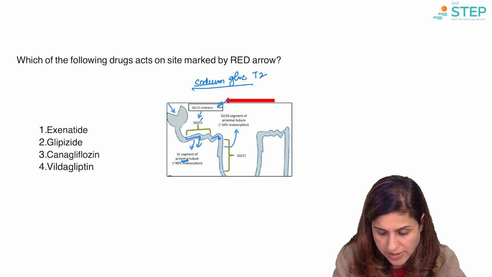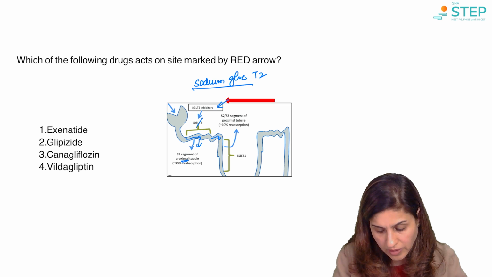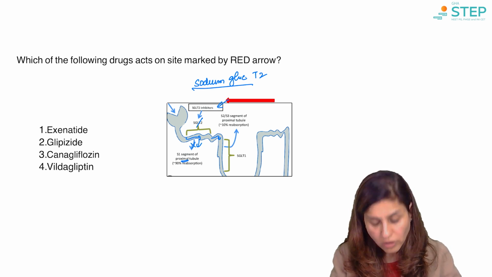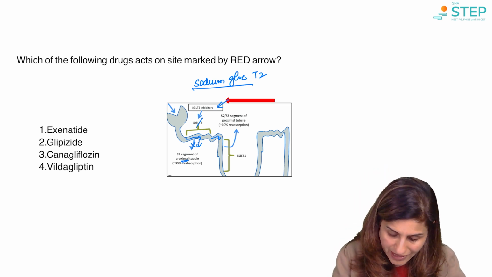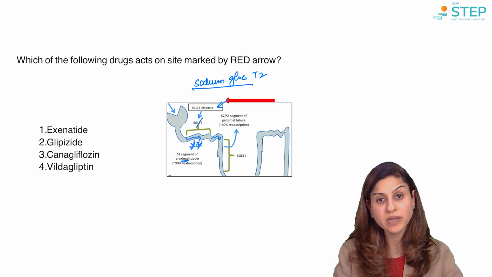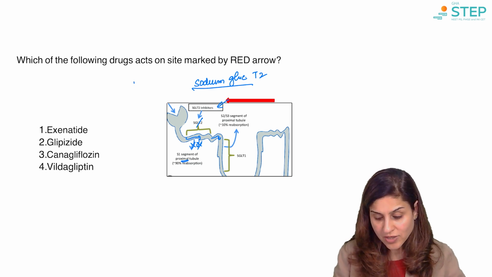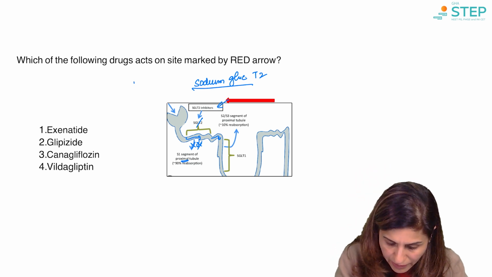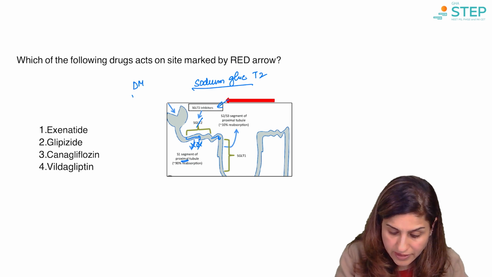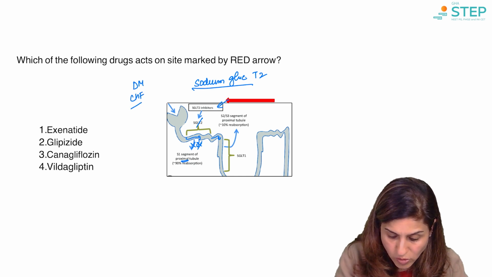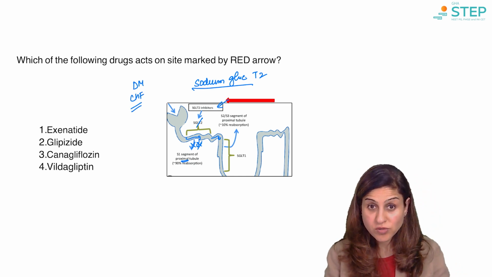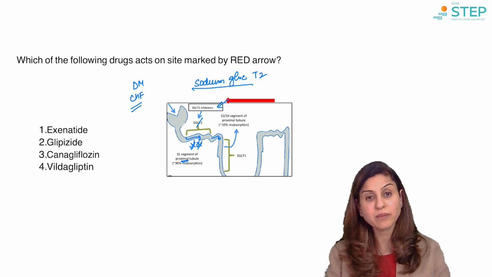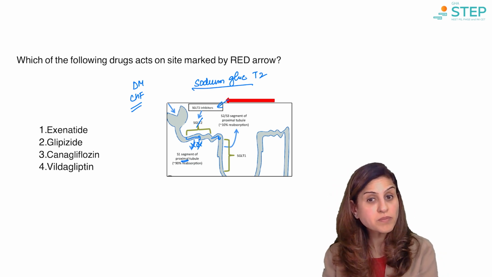So if you block this SGLT2 transporter, the glucose will not be absorbed in the body, and even the sodium is not going to be reabsorbed back into the body. So what is it doing? It is protecting against two things. One, it is effective in diabetes mellitus, and the other, currently it is being asked that it is also a drug which is reducing the mortality in heart failure patients, because it is reducing the sodium reabsorption.